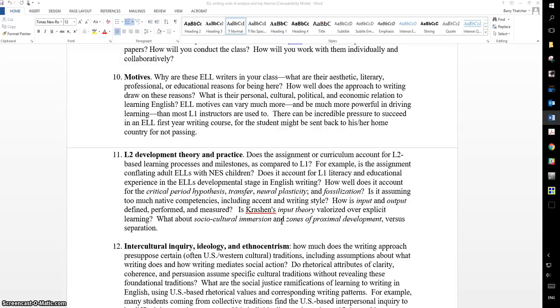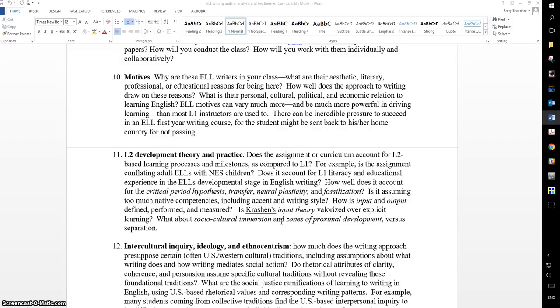Well, there's a huge difference between an adult who's learning a second language, fully literate in his or her first language, and a child who's a native speaker of English. So there's a whole range of theory about what it means to develop competency in the second language.